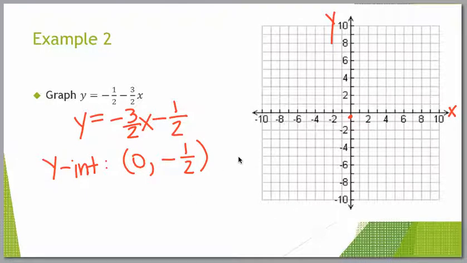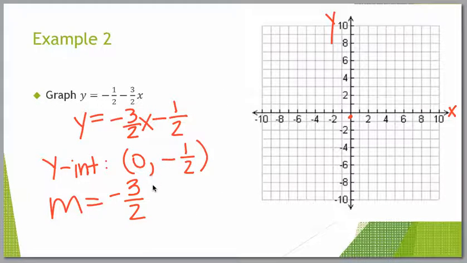And then now we need to find our slope to be able to get our next point and then finish this one up. So our slope, again, just using the idea of slope-intercept form, y equals mx. Here's our m, this entire coefficient, -3/2. And that's going to tell us one of two things.